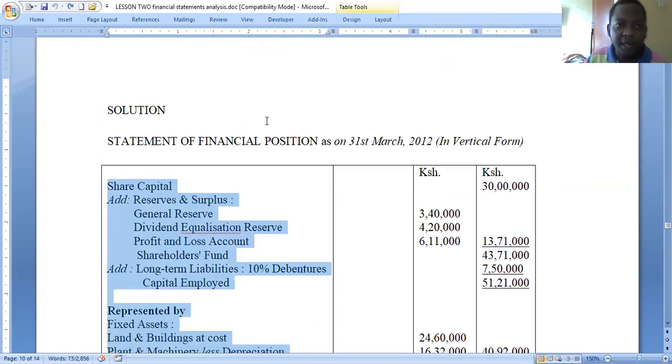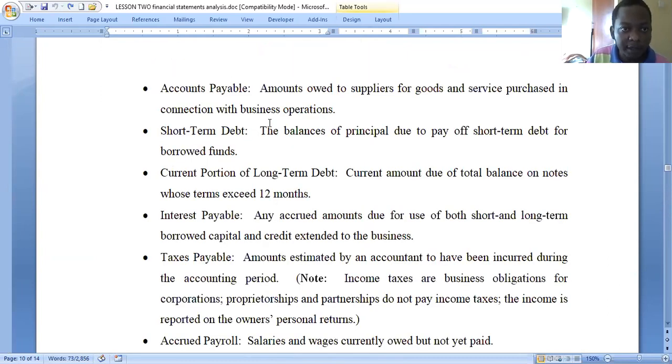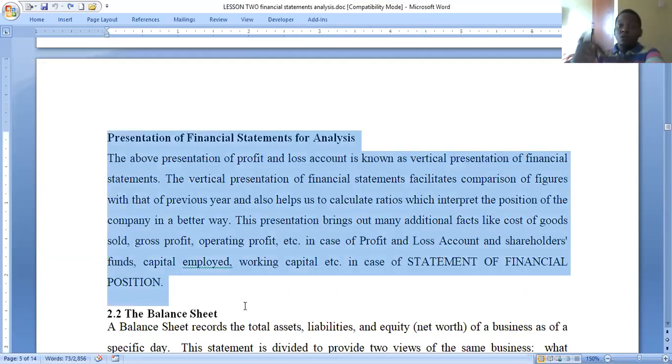So back to where we were, the presentation of financial statements for analysis. We say that there are two approaches of presenting financial statements, the vertical approach and the horizontal approach. When it comes to analysis of financial statements, we said in our previous topic that financial statements should enhance comparability.